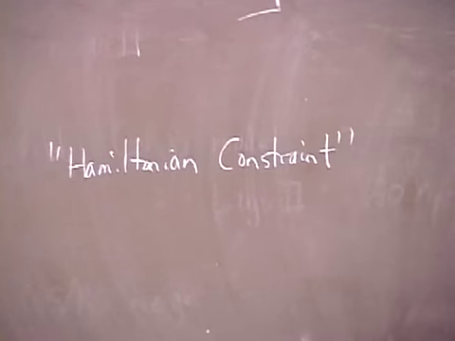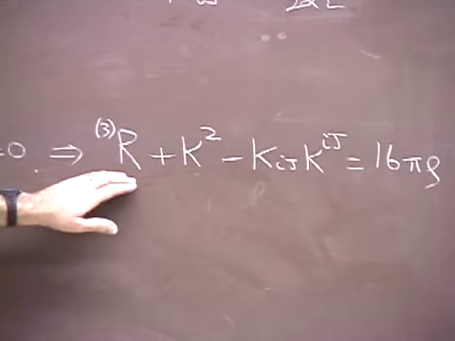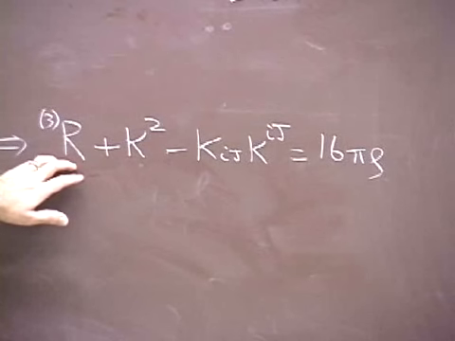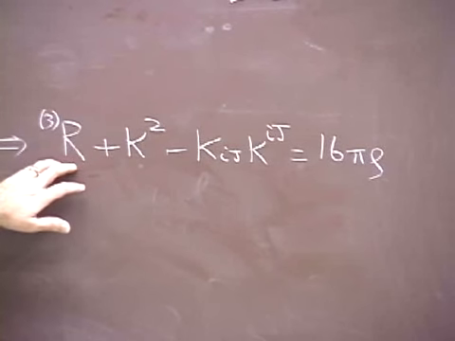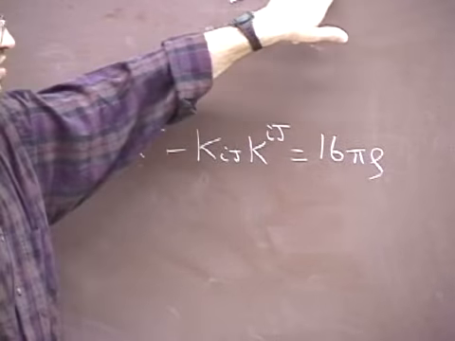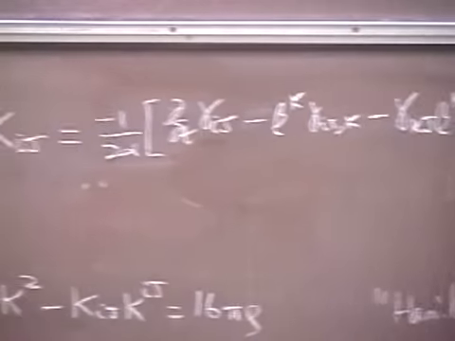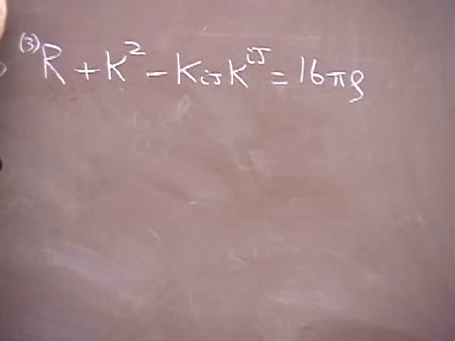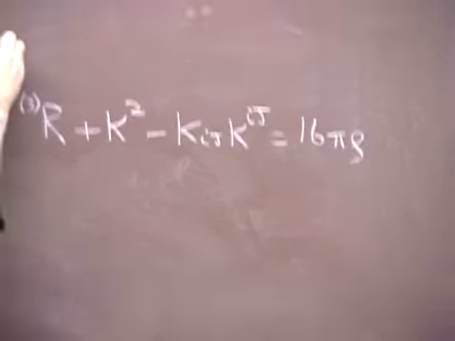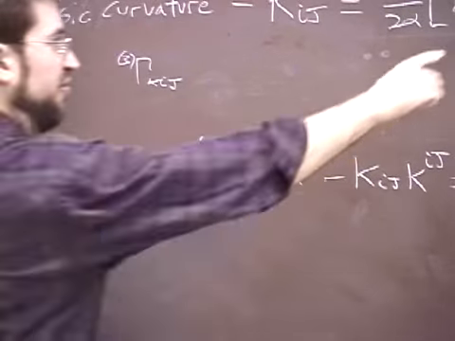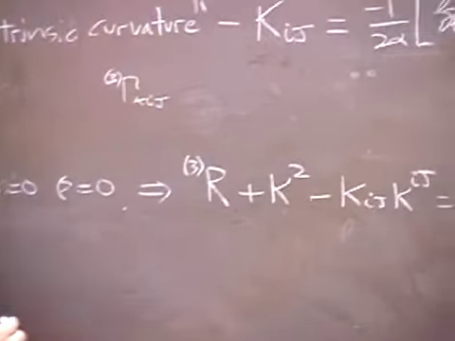Can you explain the 3R a little bit more? Okay, so what this 3R is: you know what the Ricci scalar is for a 4-dimensional metric. This is the Ricci scalar where you use the 3-dimensional metric to compute it. So you do it in the exact same way, right? You can define a 3-dimensional Christoffel symbol or connection coefficients from this 3-dimensional metric.